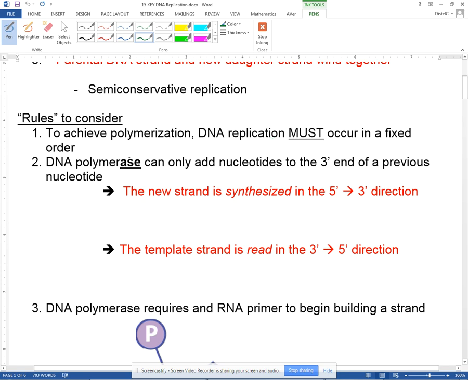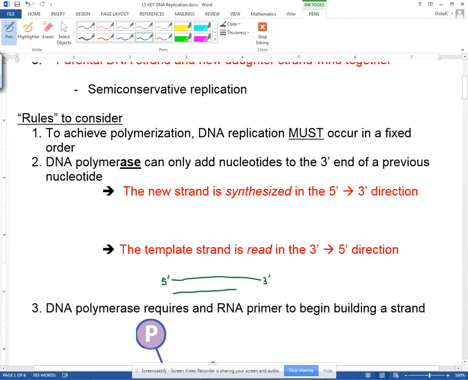DNA polymerase, so here's an enzyme, ase, enzyme, can only add nucleotides to the 3' end of a previous nucleotide. So we have to remember what we learned about the structure of DNA with those notes. DNA is anti-parallel. That means that if it's double-stranded, one strand is 5' and then the other side is 3'.